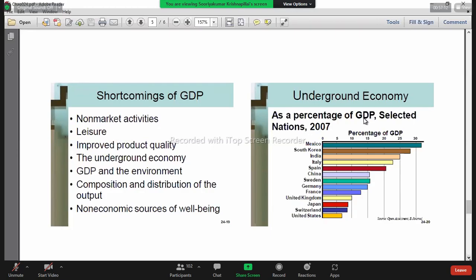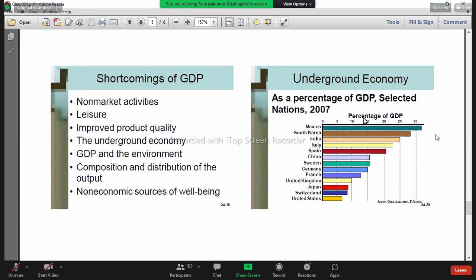So GDP will not reflect the actual well-being of the country, but we have GDP to measure some well-being, the living standard. You can also see the underground economy. You know Mexico, the most famous country for drugs.